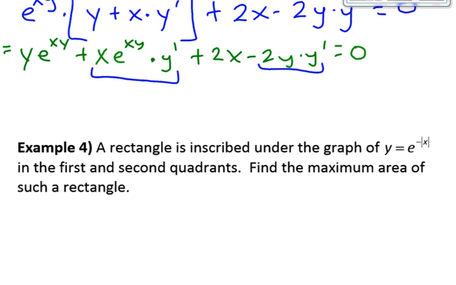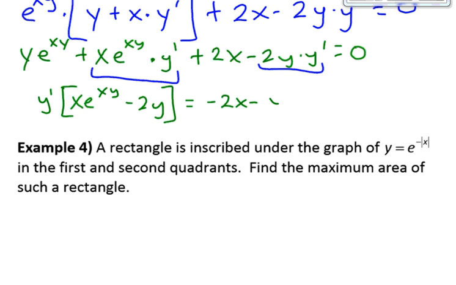So when we do that, we get y prime. Oh, and I just realized an equal sign that should not have been there. Okay, so we have y prime, and then when we factor, we get x e to the xy minus 2y. And then on the other side, we're going to get negative 2x minus y e to the xy.